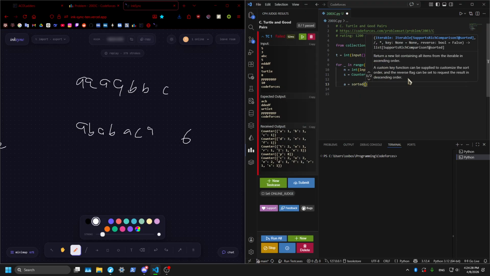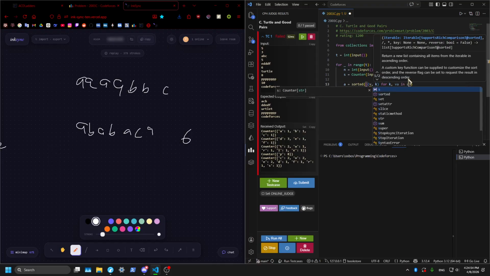We should sort key value pairs. Let's see if I remember how to do this. Value, key. We care about the counts more than the key. For key, value in S dot items.